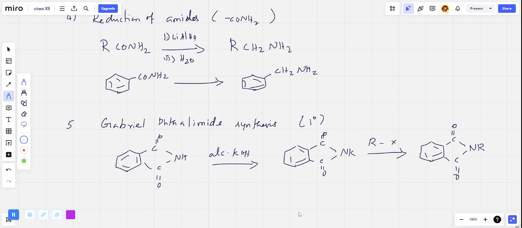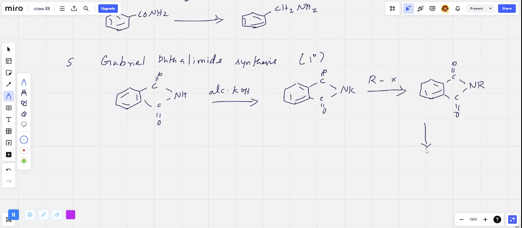Okay, this one on hydrolysis with NaOH gives primary amine, and this one is COONa, COONa, plus primary amine, RNH2. Okay, so this is primary. So this is a naming reaction.